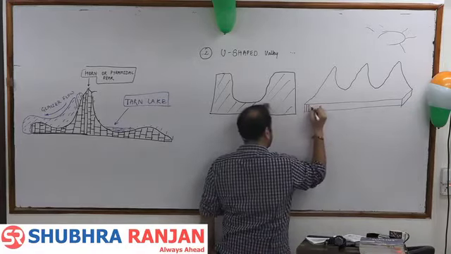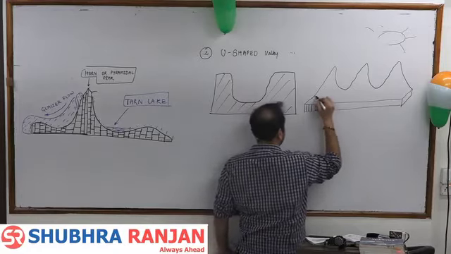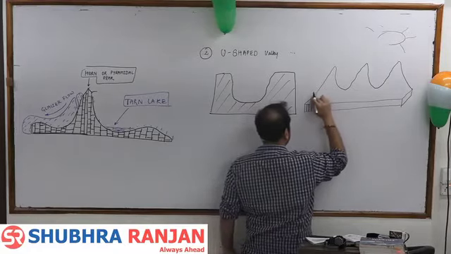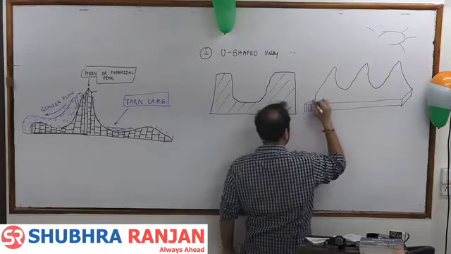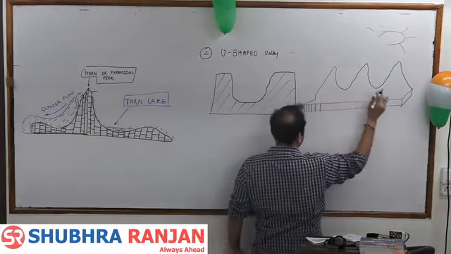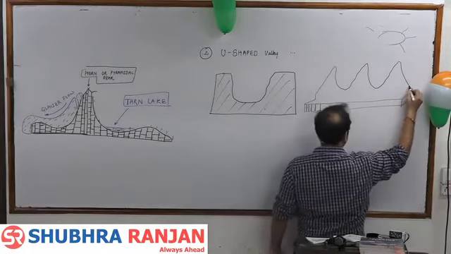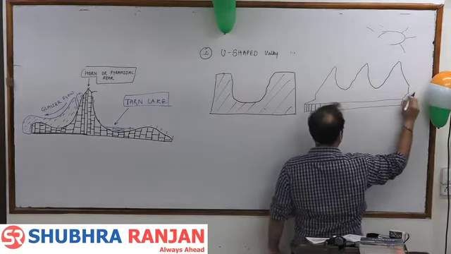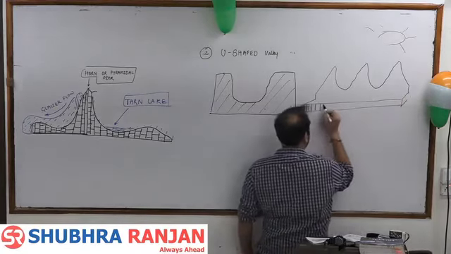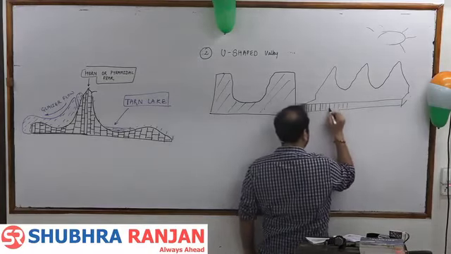The U-shaped valleys which the tributary glacier erodes, as per its base level.